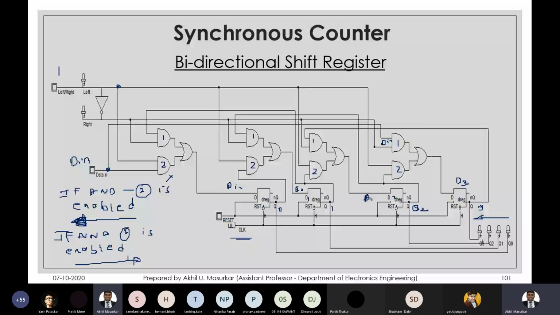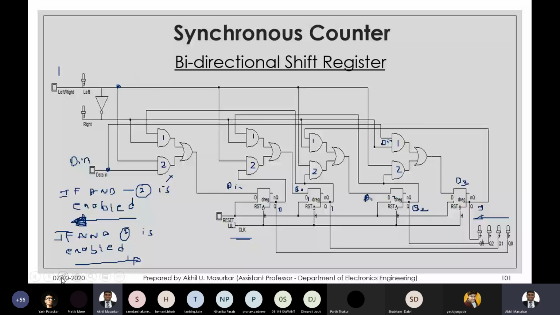So Q3 is connected back to D2, and then Q2 is connected back to D1, and so on. It is connected backwards. So now the data will flow in the reverse direction, that is from Q3 to D2, Q2 to D1, and then finally Q1 to D0.